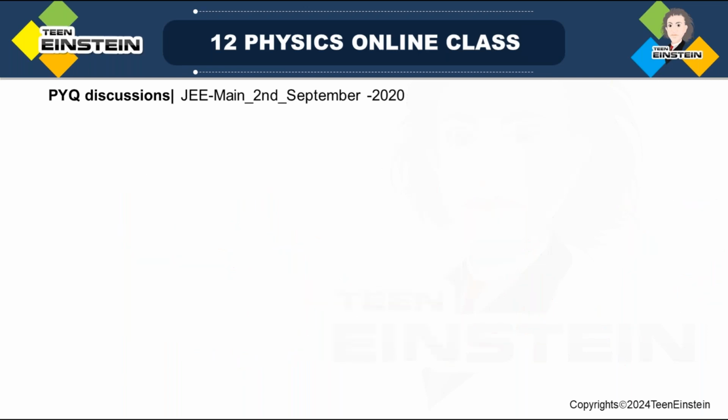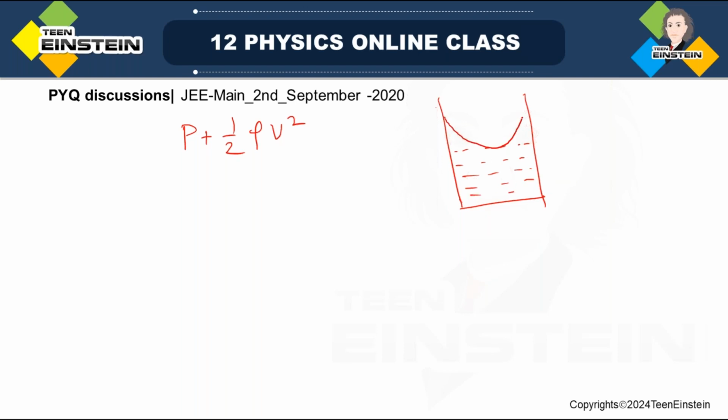I have P plus half rho V square, but at the edge, let me draw it here. This position is A, this position is B.